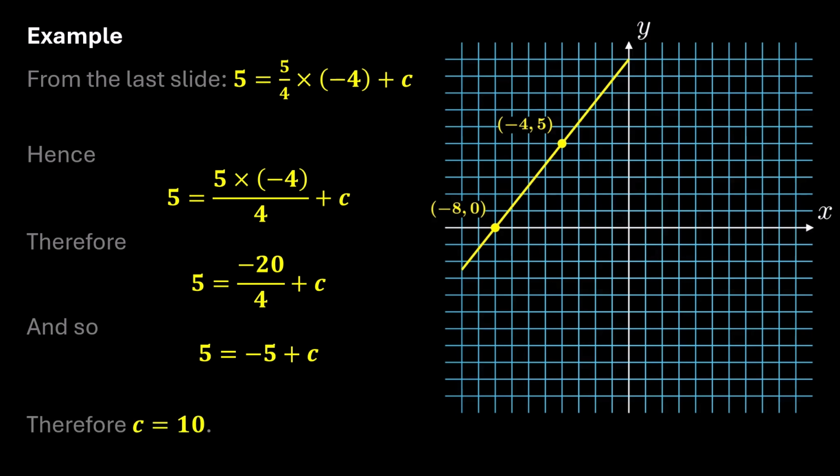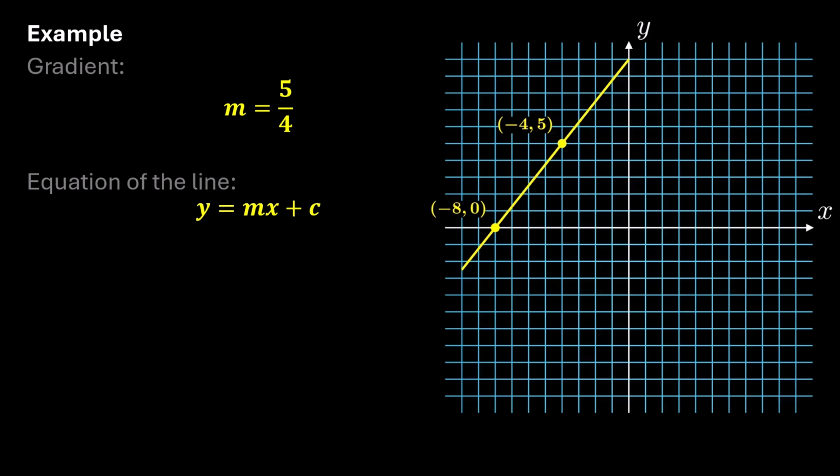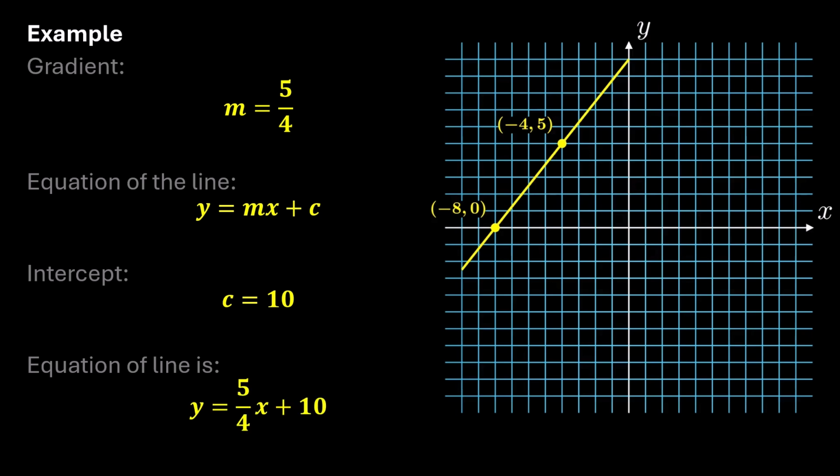And tidying up some more gives us, finally, that the value of c is equal to 10. Now that we have the value of m and the value of c, we can substitute both of these values into the general equation of the line to give us our specific equation of the line, which is y equals 5 over 4x plus 10.